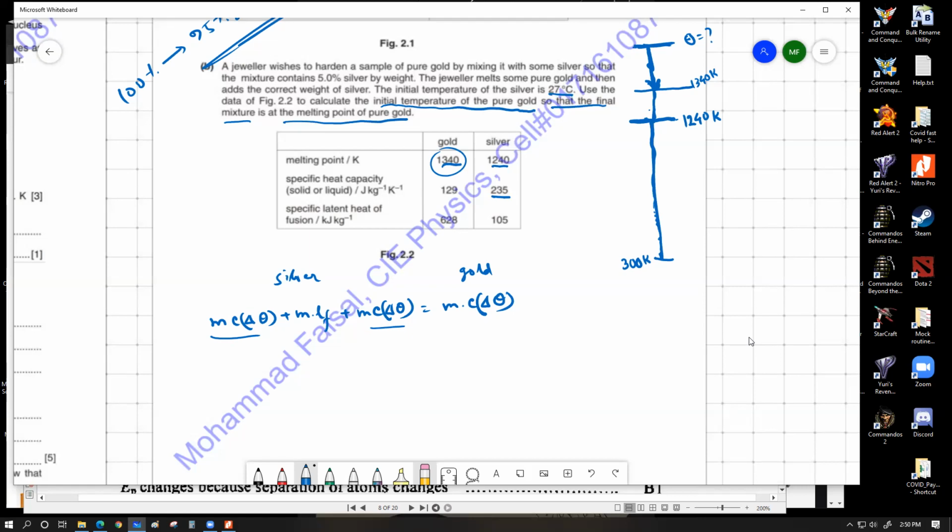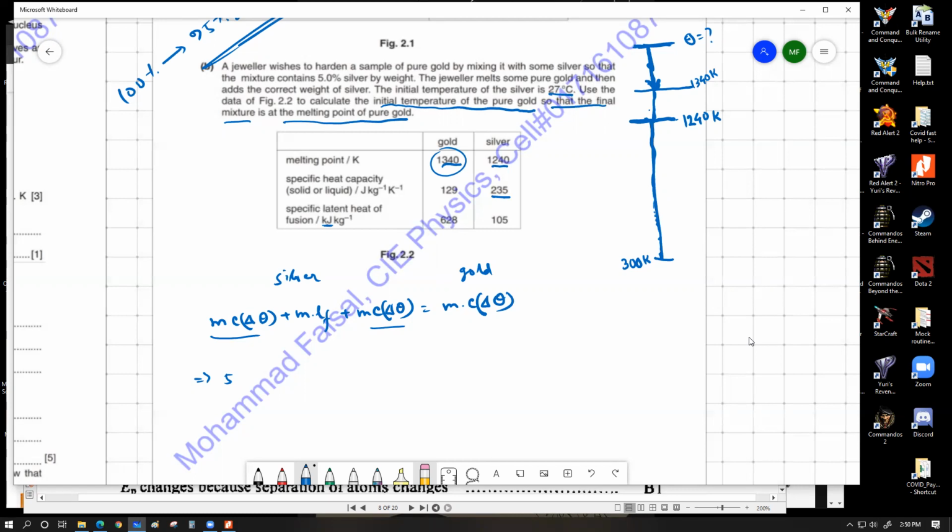So I'm gonna write the values over here. So 5 into, how much is that? 235 joule per kg per Kelvin, whereas specific heat is given in kilojoule per kg per Kelvin. Very important. So whenever we're gonna place these numbers, you have to include into 10 to the power 3.